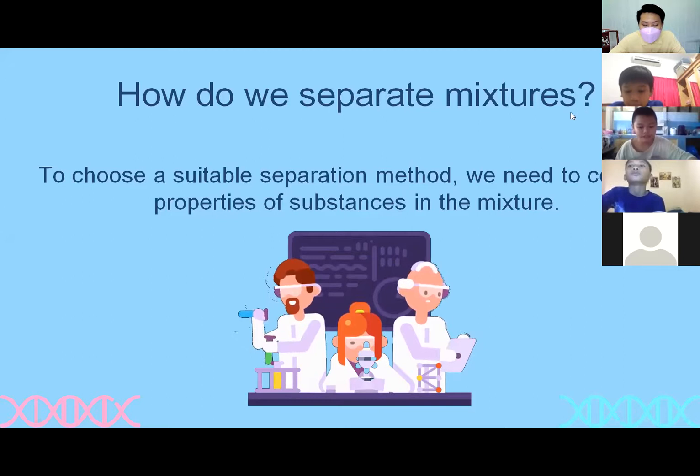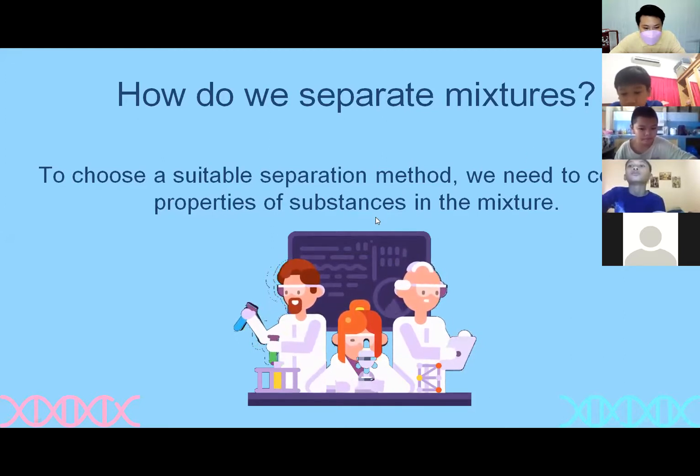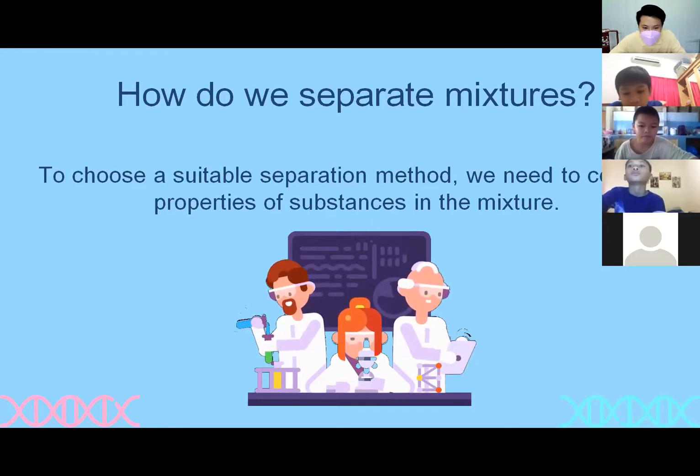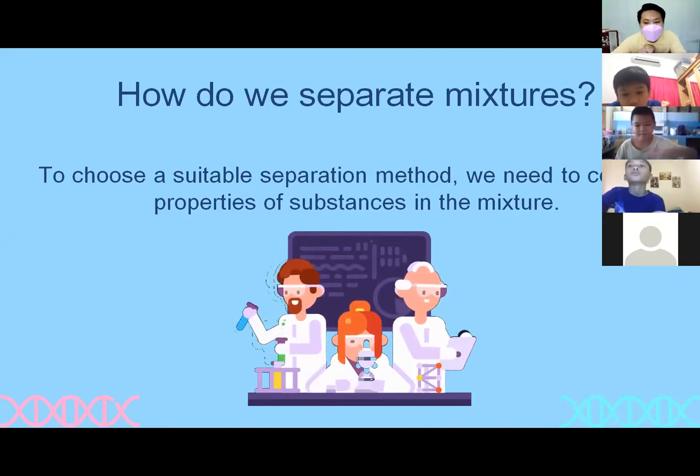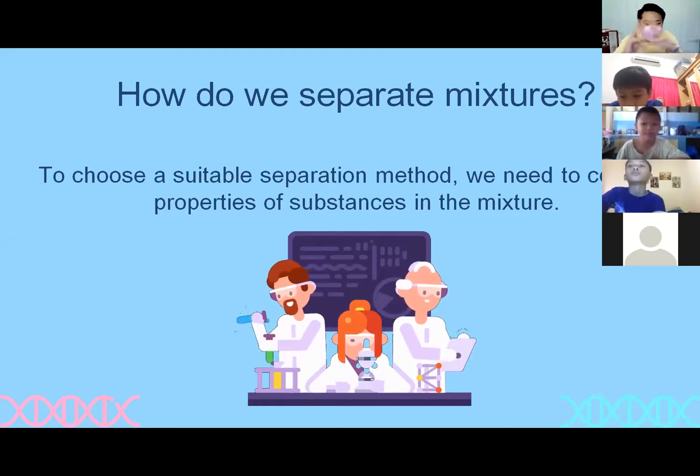So before we separate mixtures, we have to know the substances, right? We have to know if it is liquid or solid or gas before we separate. What do we mean by separation? You know mixture, right? A mixture is composed of 2 or more substances together.